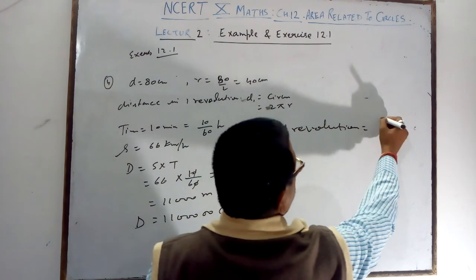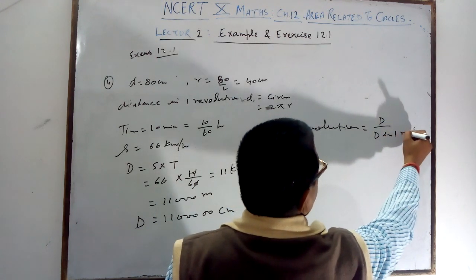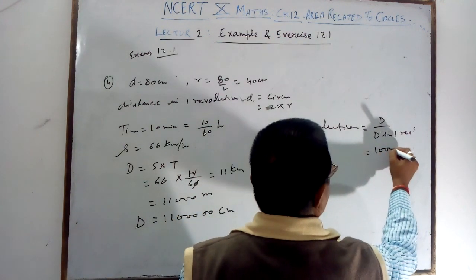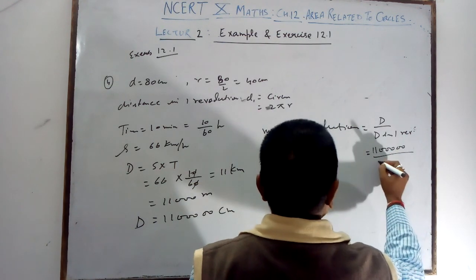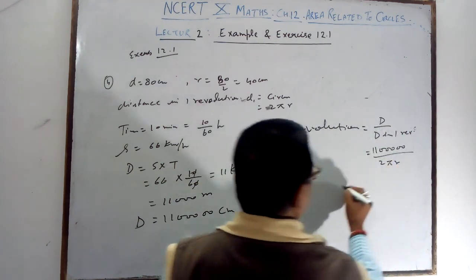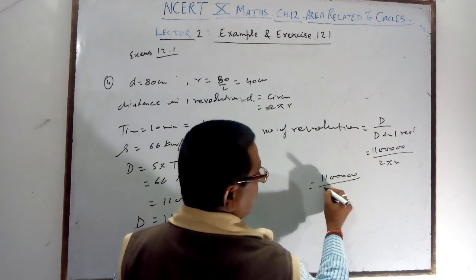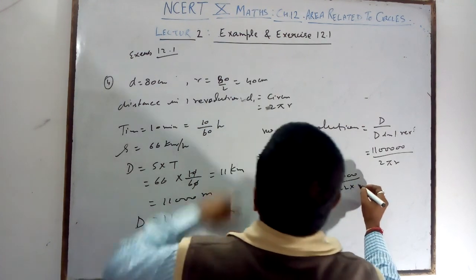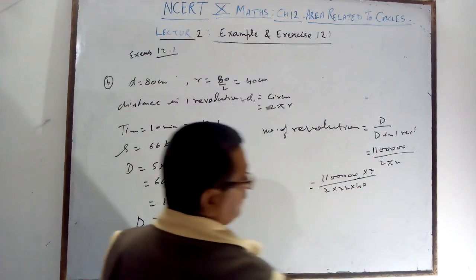by each wheel is equal to distance covered upon distance in one revolution. That is 11 and 5 zeros upon 2 pi r. So what will you get? 11, 5 zeros, 2 into 22 into what is the r given? 40, and 7 will be here like this.